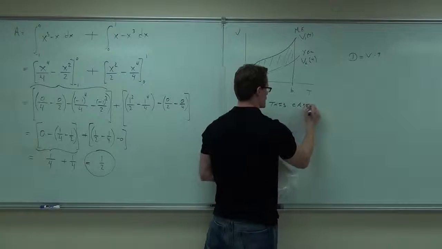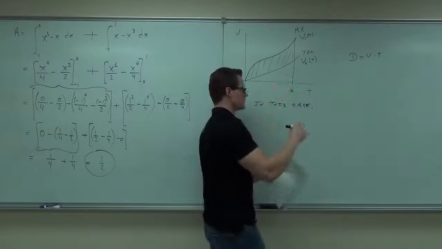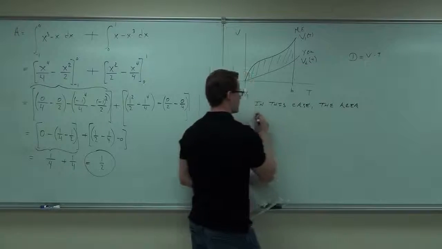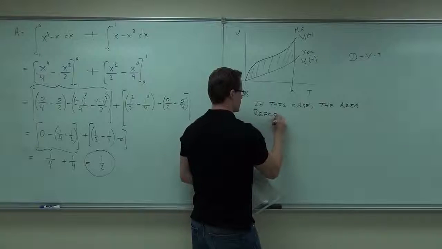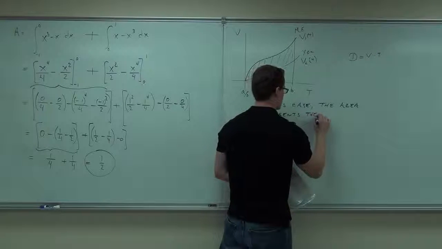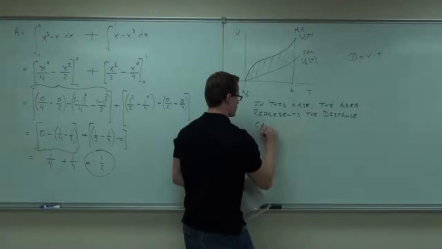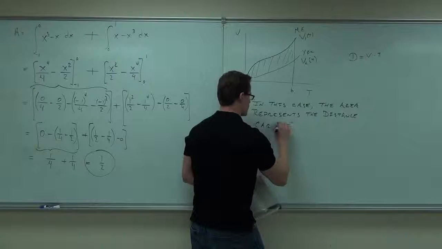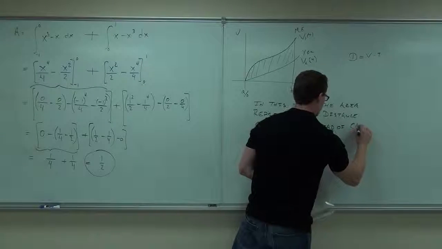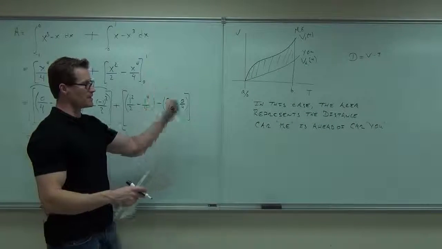In this case, the area represents the distance car 1, me, is ahead of car 2, you.